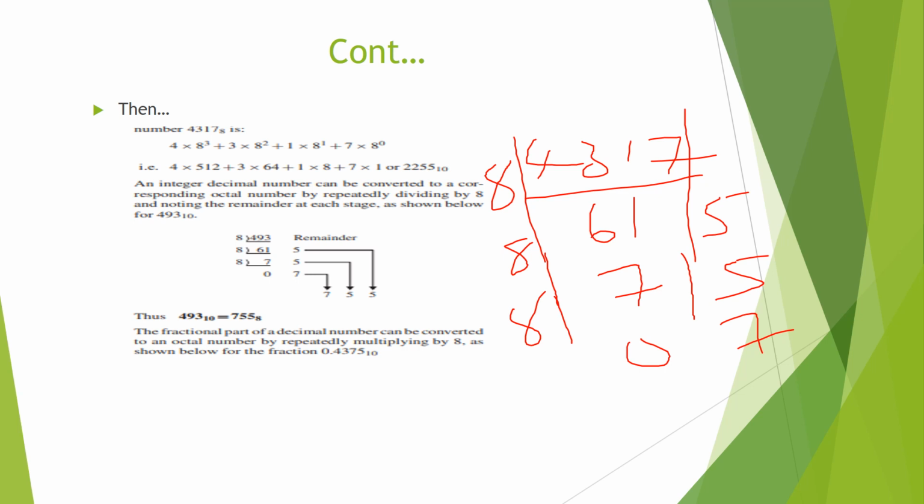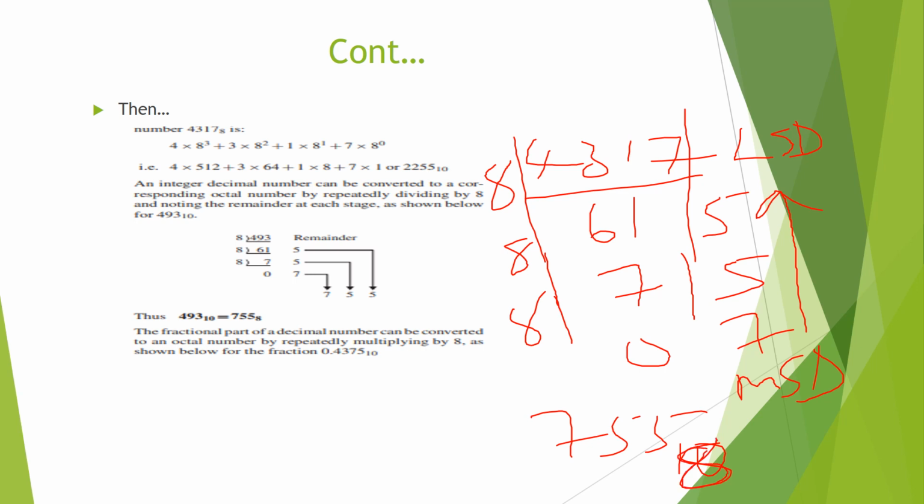So remember our most significant digit is 7. Then moving upward, this one becomes our least significant digit. So in this case, our answer becomes 755 base of 10. So this one is base of 8, sorry, base of 8, not base of 10.